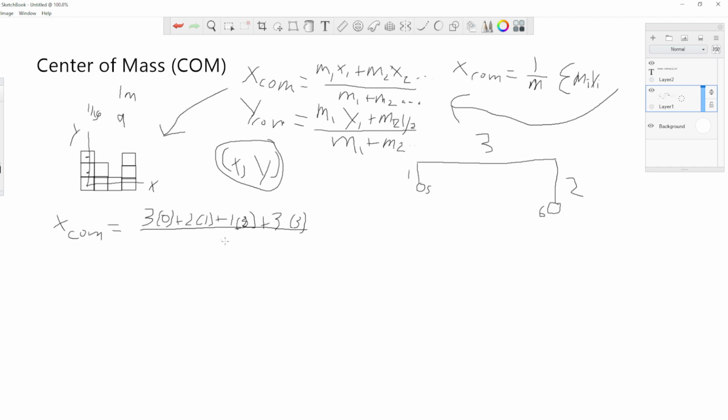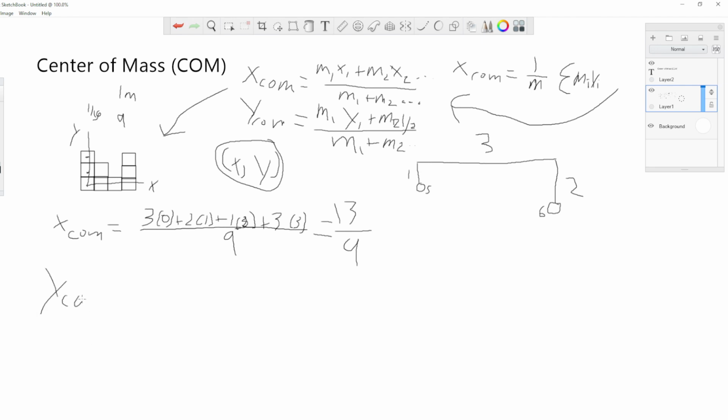And then there are 9 of them in total, so I believe there's 9. I might have lied. 3, 6, yep, there are 9. So let me plug that into my calculator real quick. You've got 2 plus 2 plus 9 over 9. I got 13 over 9.